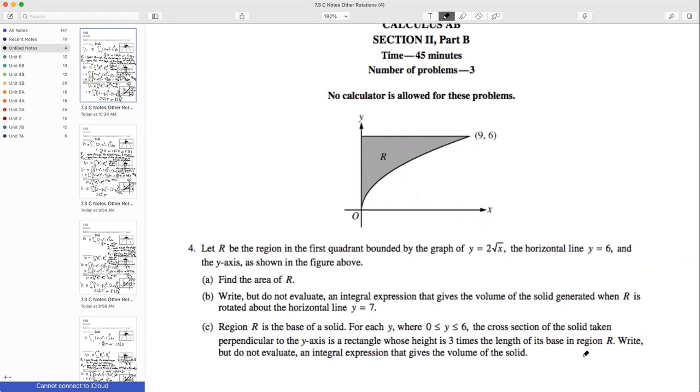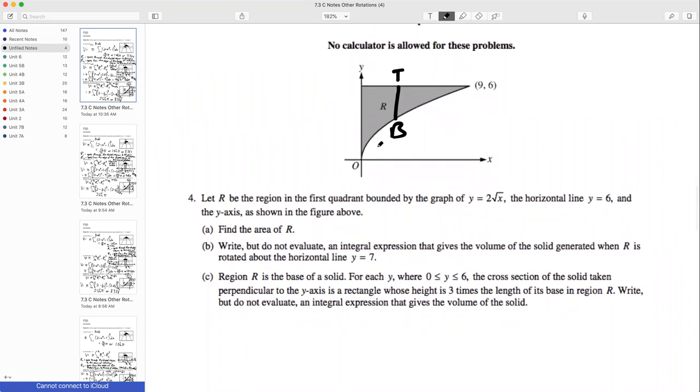Okay, so this is just like what we did on the first part of this unit. I'm going to draw my little reference rectangle, label it top and bottom. And so we're just finding the area, so there's no pi, there's no squared. We're just going to integrate and do the top minus the bottom. So for A, area equals the integral.